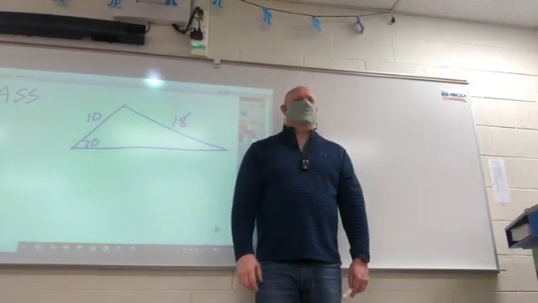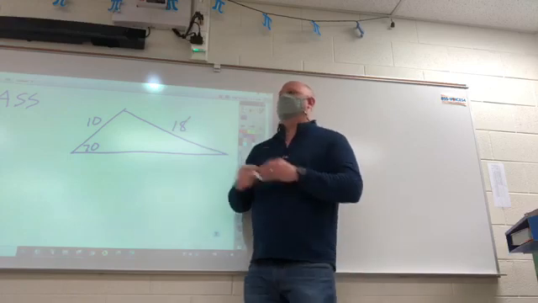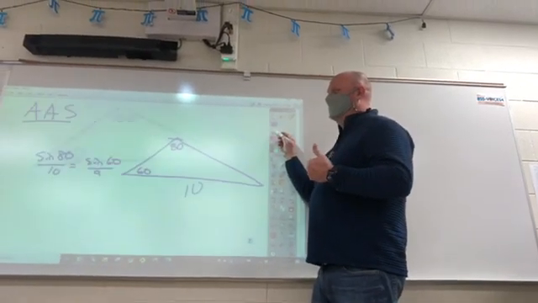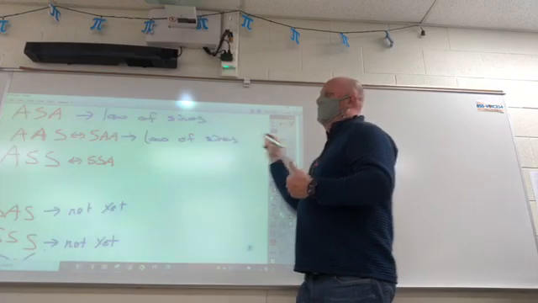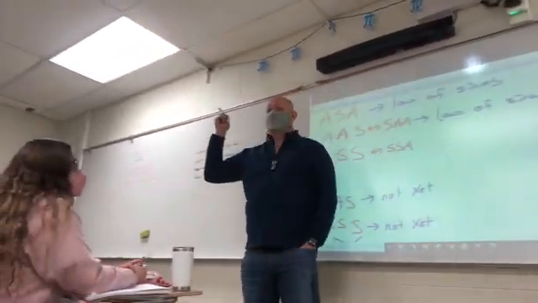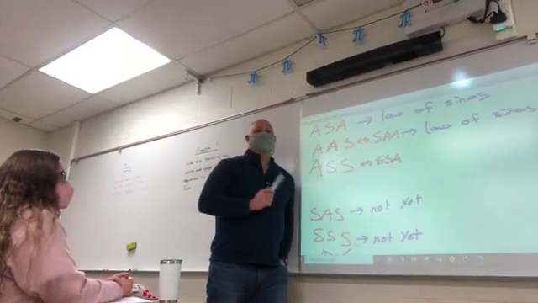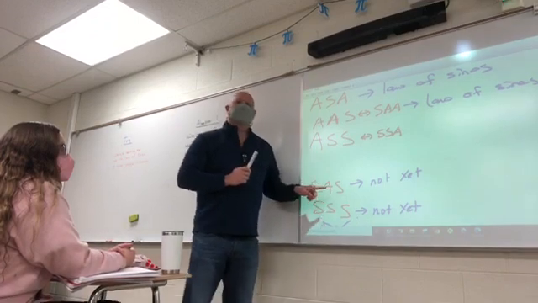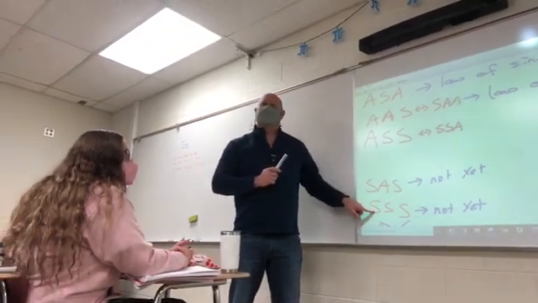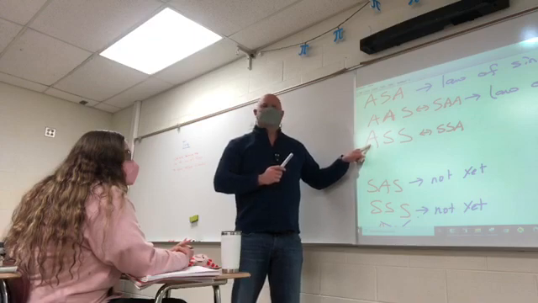Do you guys remember in geometry being able to solve proofs? Were you able to use angle, side, angle as one of your theorems? Yes. Were you able to use angle, angle, side? Yes. Were you able to use side, angle, side? Yes. Side, side, side? Yes. How about angle, side, side? No. Why not?